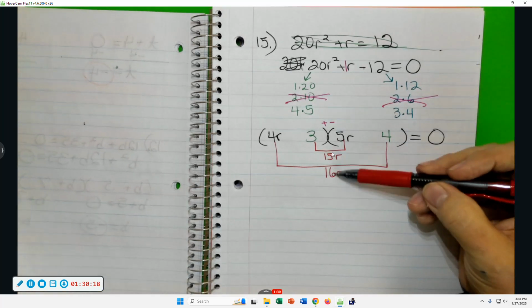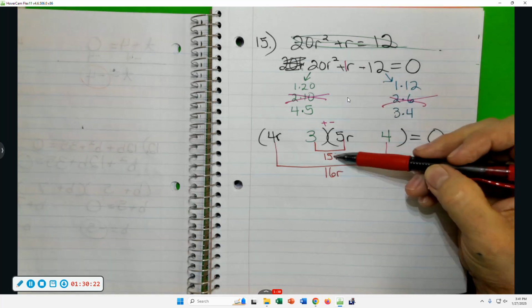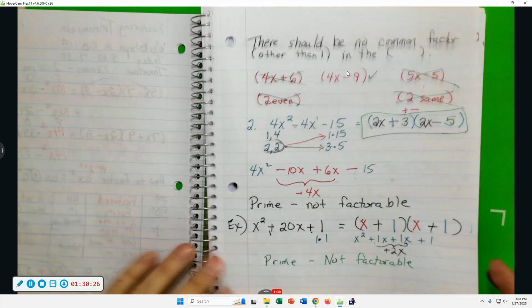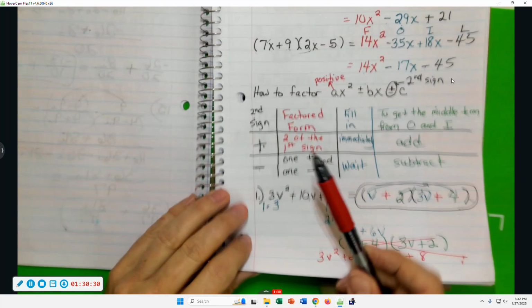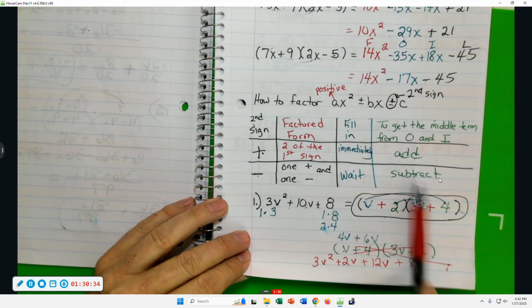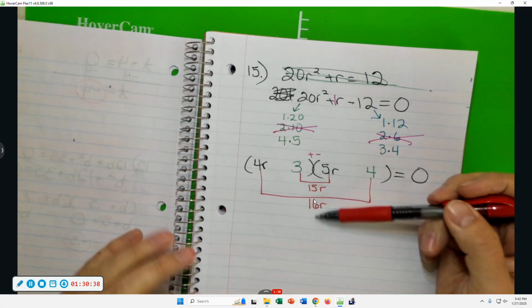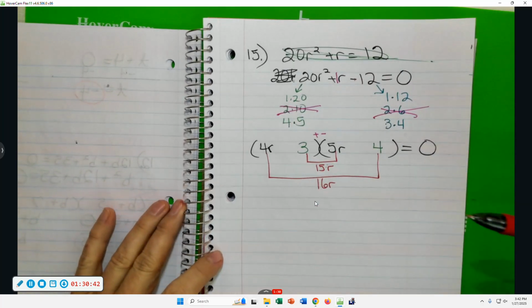So these numbers have to subtract to give you 1. The outer and inner have to subtract to give you that 1. Where is this little table? There it is. Okay, the last sign's a minus. The outer and inner have to subtract. Yeah, we can subtract these to get 1. 16 minus 15 gives me 1.